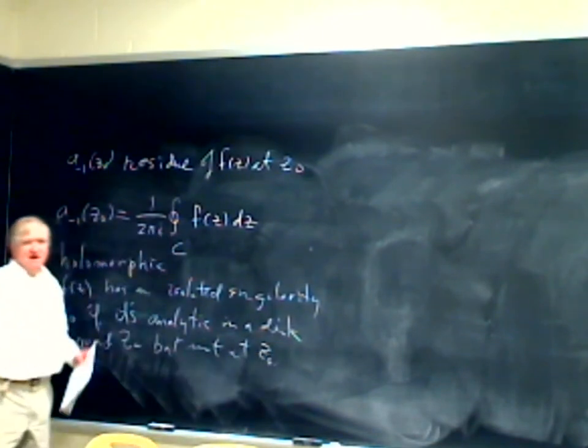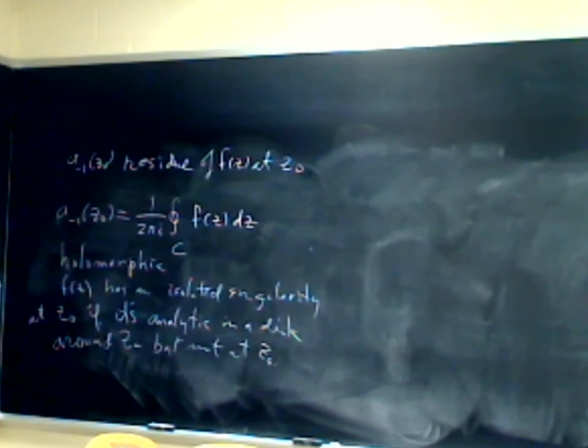So in other words, its region of analyticity is basically a disk around the point z0, but punctured. It's the disk minus the point z0. That's said to be an isolated singularity.